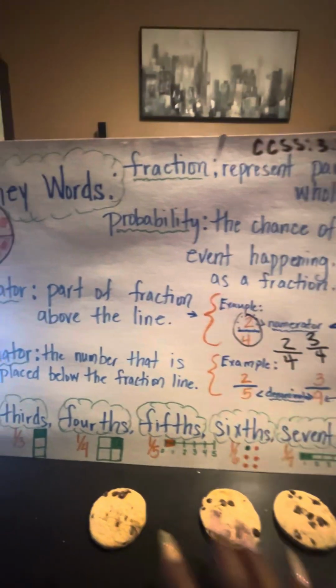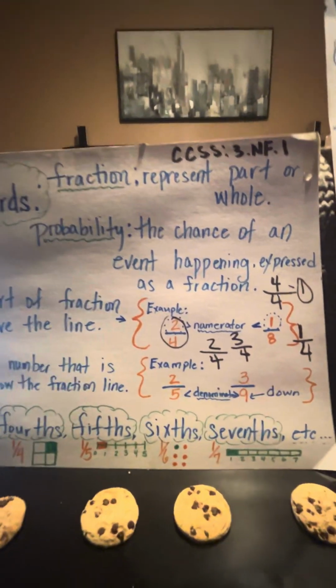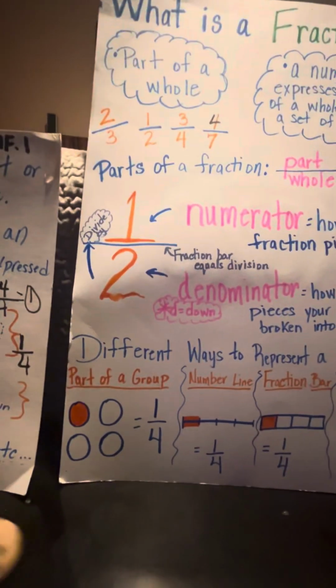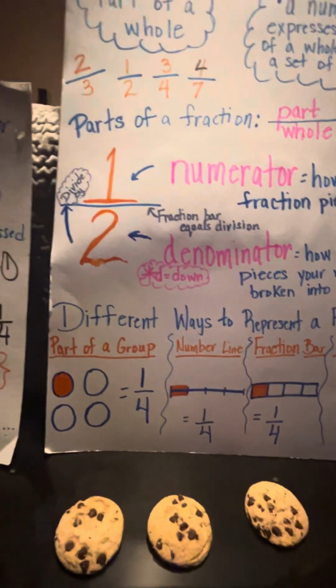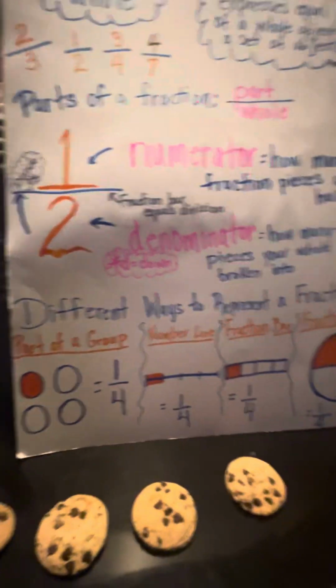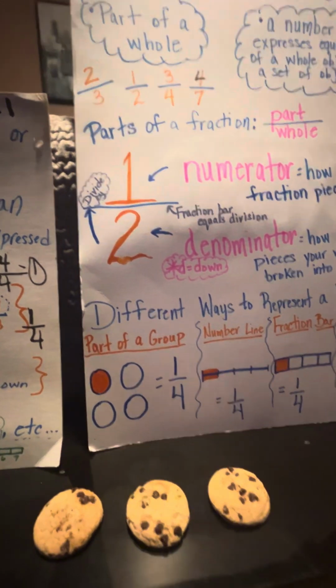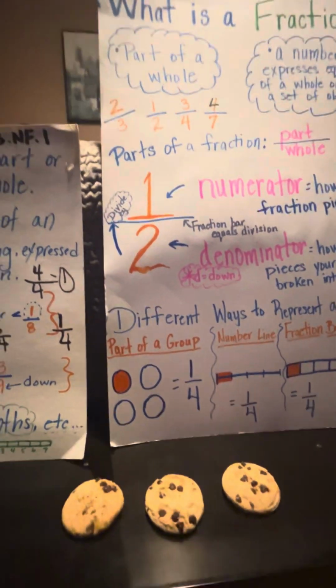Okay? So again, if we gave away just 1, we're going to different ways to represent this fraction. We can represent this fraction with these cookies. These are our manipulatives right now. 1/4 would be to remove that 1. Okay? 1, 1, 2, 3, 4.